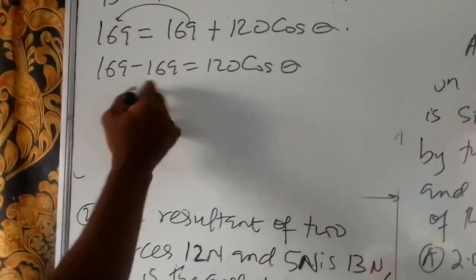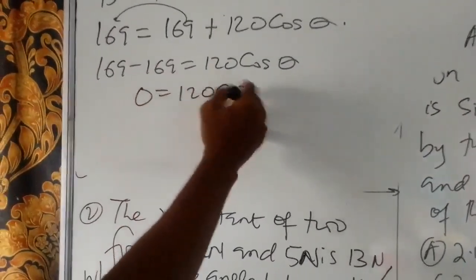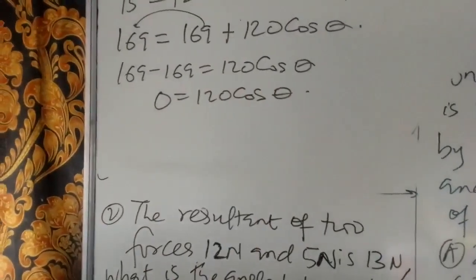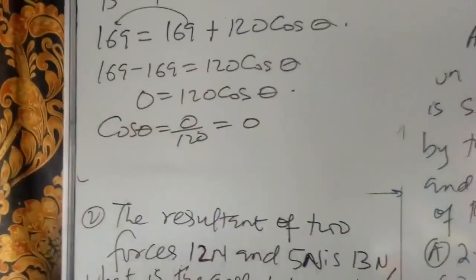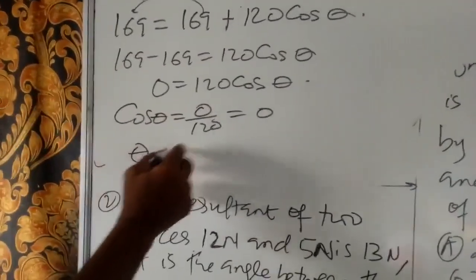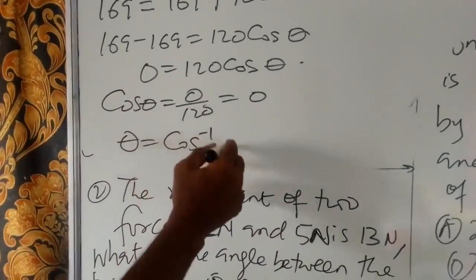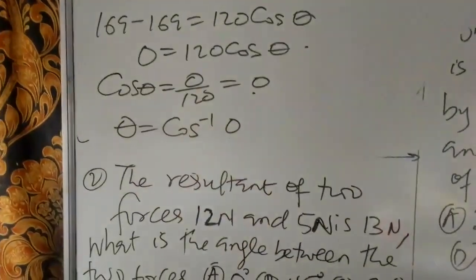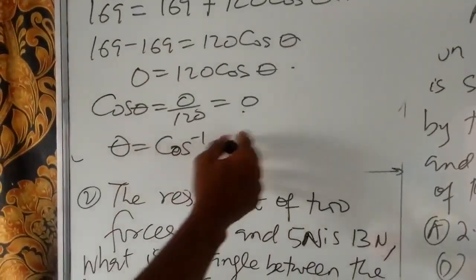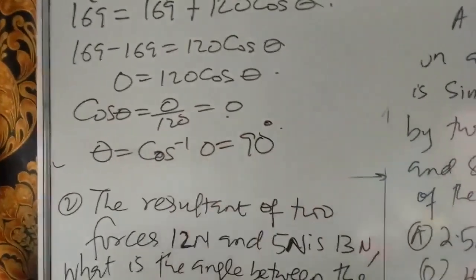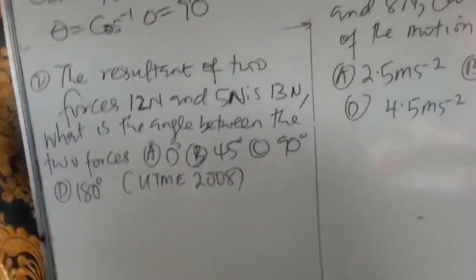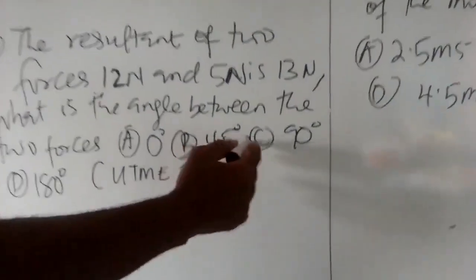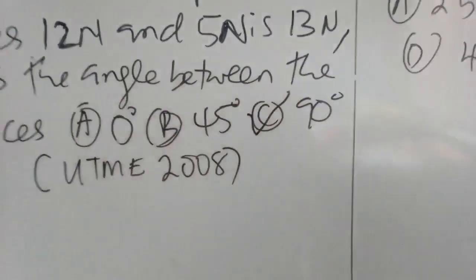That gives us 0 equals 120 cos theta. Making cos theta the subject, cos theta becomes 0 over 120, which is 0. So theta becomes cos inverse of 0, and the cos inverse of 0 gives us 90 degrees. So the vectors are mutually perpendicular. The answer to this question is option C, 90 degrees.